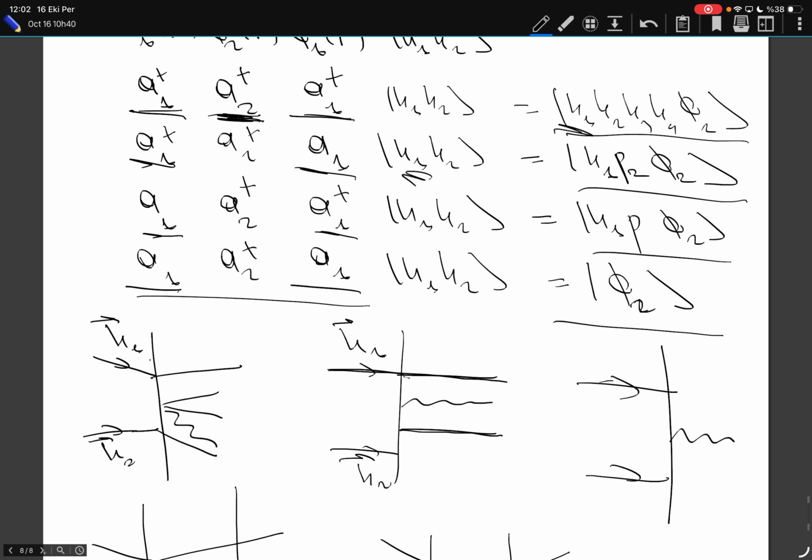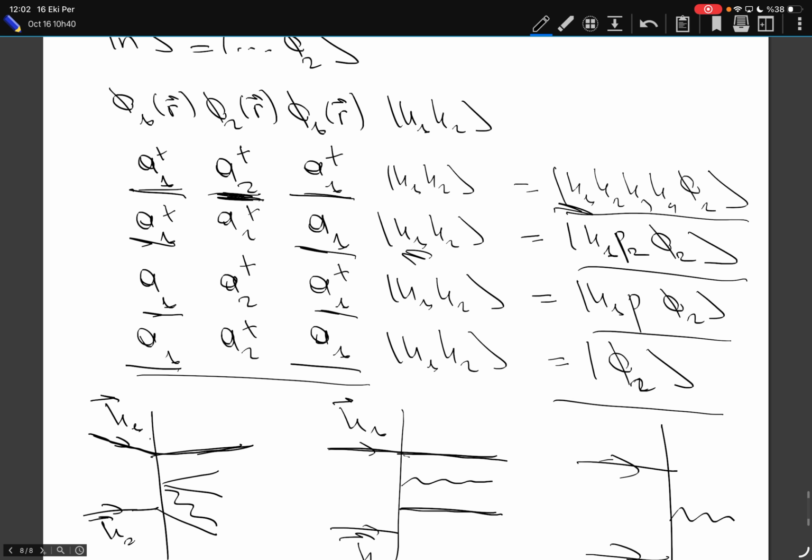Don't give too much meaning to these pictures. These are just pictures representing mathematical expressions. But what I mean by a continuous line, whether it's bent or wiggly, is that K1 appears both before the interaction and after the interaction. That's the only meaning it has.